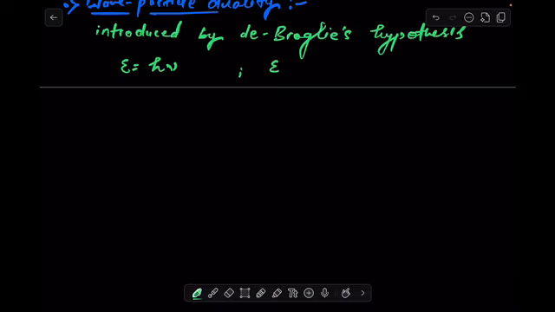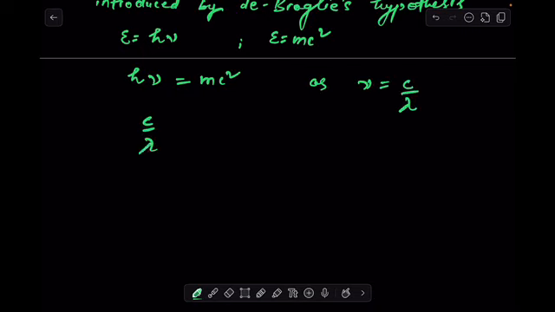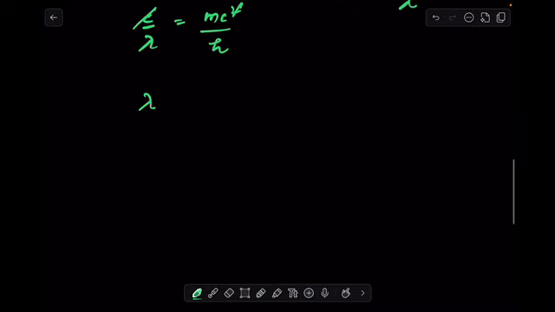And secondly, he considered Einstein's mass-energy equivalence, that E is equal to mc square, that mass and energy are interconvertible. By equating these two relations, we get h nu equals mc square, and as nu is equal to c over lambda, h c over lambda is equal to mc square, so mc square divided by h. One c is going to cancel out, then we get lambda is equal to h over mc.